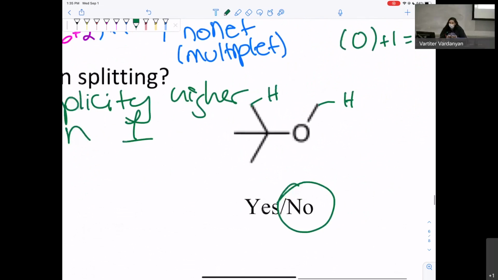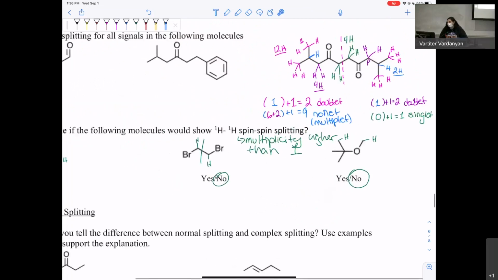The only hydrogens present are these guys, which I drew as one hydrogen, and then these three, which I drew as just one hydrogen. So this is 1, 2, 3, 4, 5 bond lengths away. There's no possible way they can count as a neighbor. So both of those are singlets, which means we do not have spin-spin splitting. Okay.